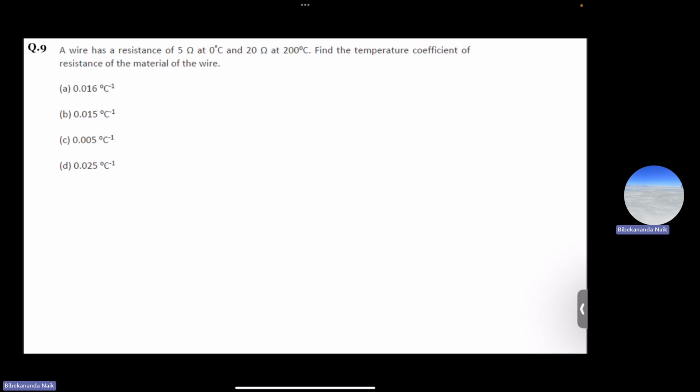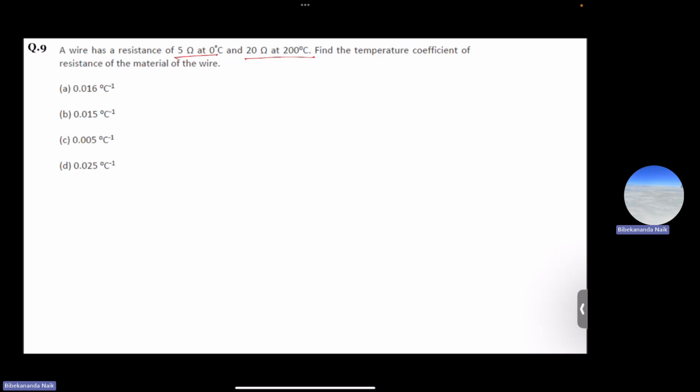Now we move to question number 9. Question number 9 says a wire has a resistance of 5 ohm at 0 degree Celsius and 20 ohm at 200 degree Celsius. Find the temperature coefficient of the resistance of the material of wire. Since with increasing temperature the resistance is increasing, alpha is positive here.